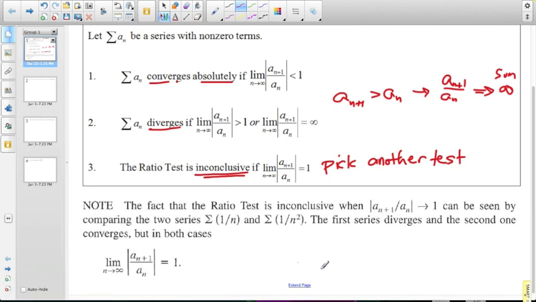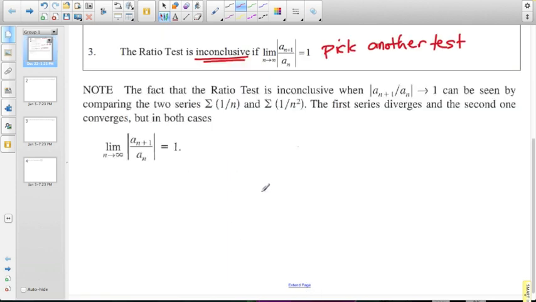If we look at an example of two series, and try to misapply the ratio test to show where it breaks apart.